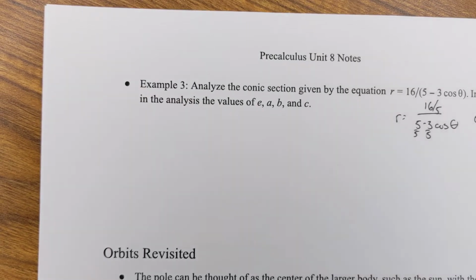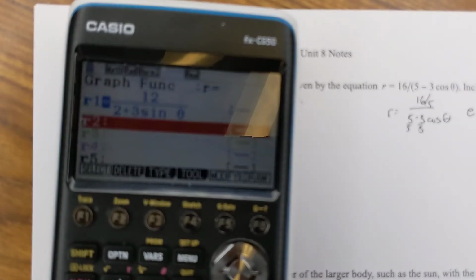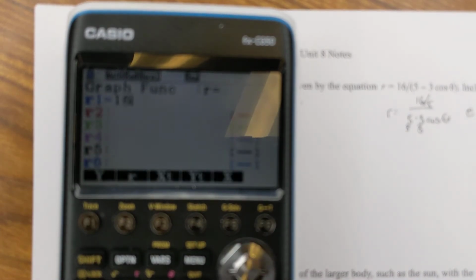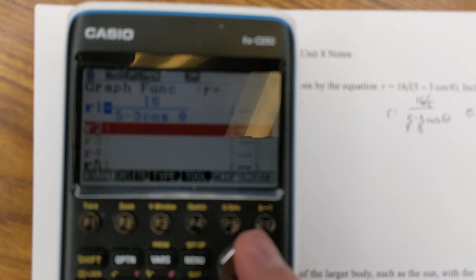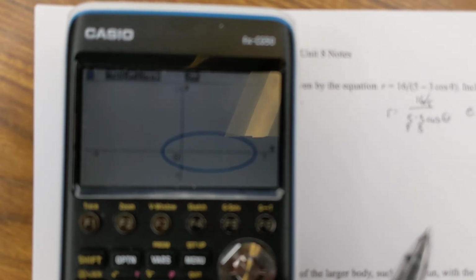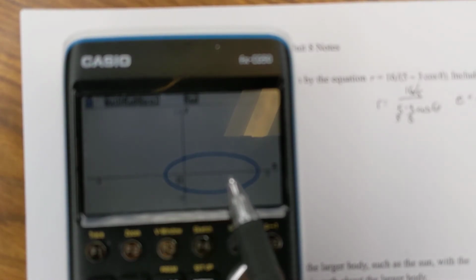To find a, b, and c, we're going to need to look at the graph. So we have 16 over 5 minus 3 cos theta. Draw. There we go. It's actually kind of hard to see because the screen isn't focusing. But this axis is 1, 2, 3, 4, 5, 6, 7, 8, 9, 10 units wide.